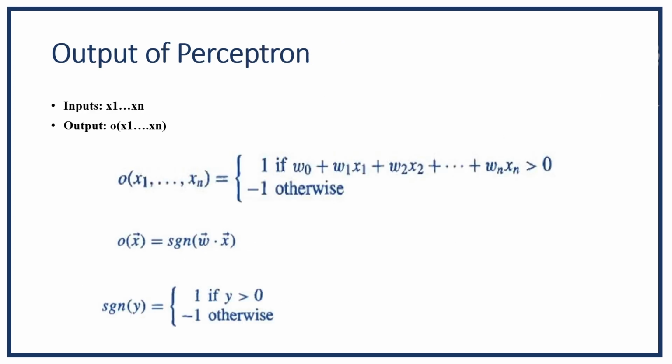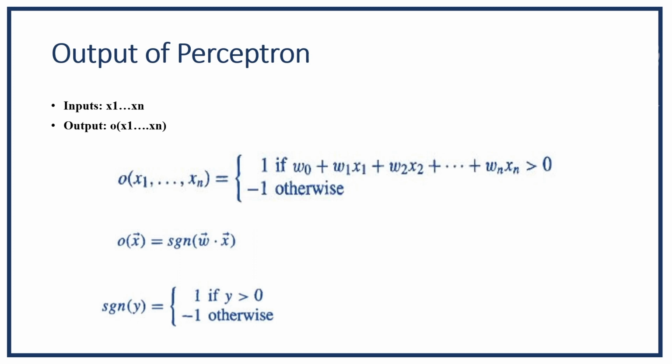Inputs are given as x1, x2 up till xn, and outputs are given as O of x1, x2 up till xn, where you can define O of x1 up till xn is equal to 1 or minus 1 depending on whether the sum of weights and bias is greater than 0 or not.